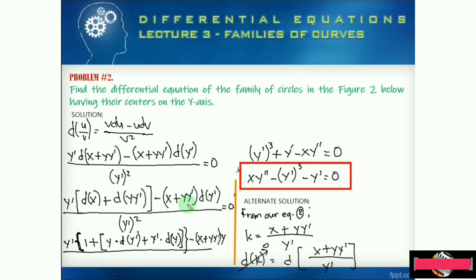So x plus y prime here, so we have here y prime. The derivative of your y prime is y double prime. Okay, and then it is equal to 0, and then the denominator is y prime squared.